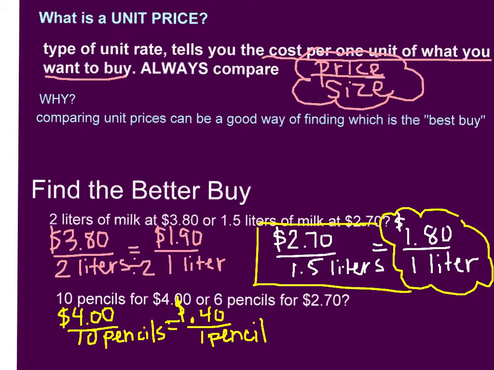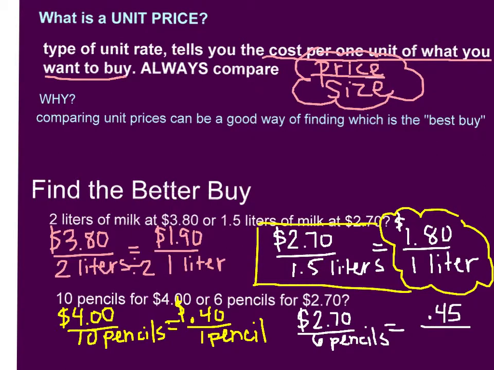And then we have our other item, which is 6 pencils for $2.70. So we have $2.70 for 6 pencils. And we're going to divide away 6 to find the unit price. And when we do that, we get 45 cents.